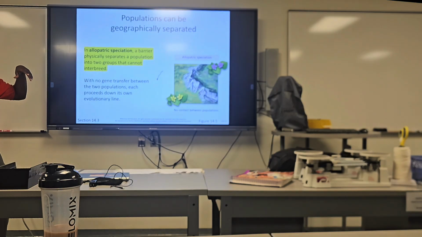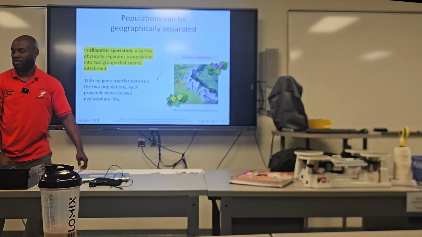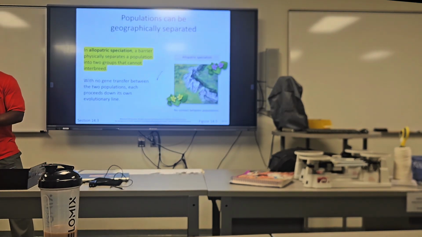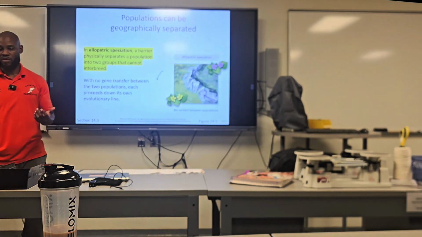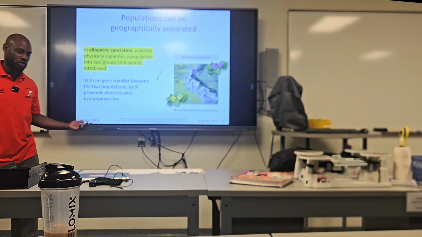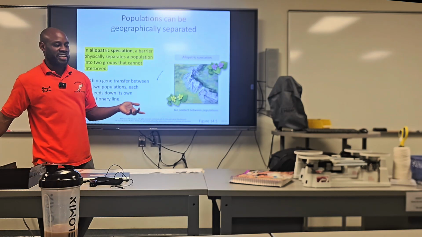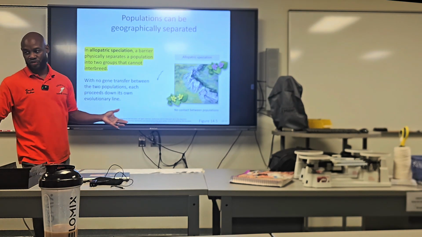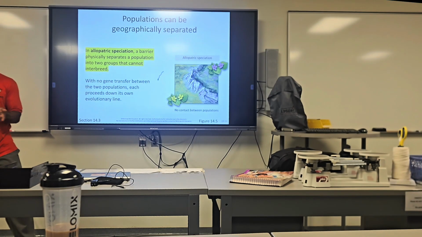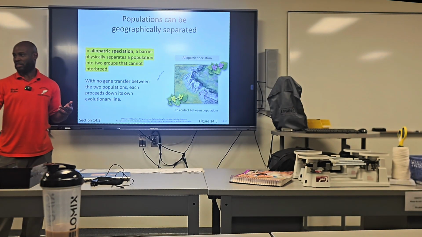All right, so we kind of talked about this a little bit when we were talking about interbreeding. We talked about that in the classroom, reason why people don't, one of the downsides if people were to mate with family members, I'm talking about human beings. Remember we talked about that, right?